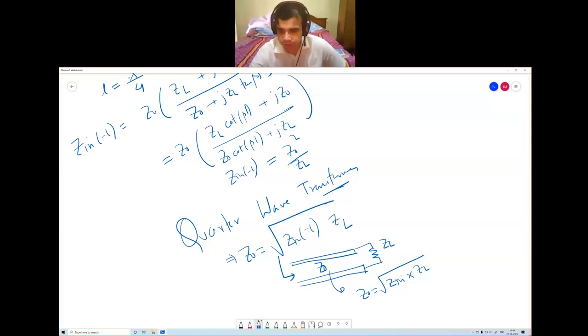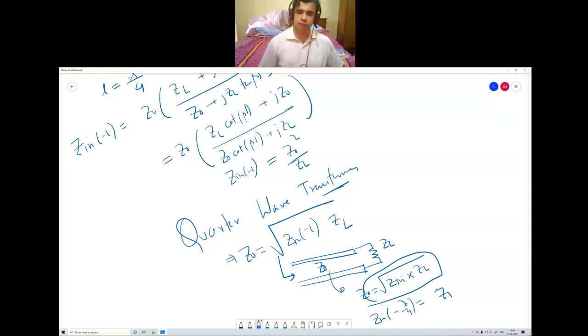If we choose this to be this, then Zin at minus lambda by 4 will be simply Zin. Or we can have whatever Zin we desire depending on the value of Z0. Okay, this is one way of impedance matching. We will not do this, but it is called quarter-wave transform matching. It is very simple, but it has several disadvantages.